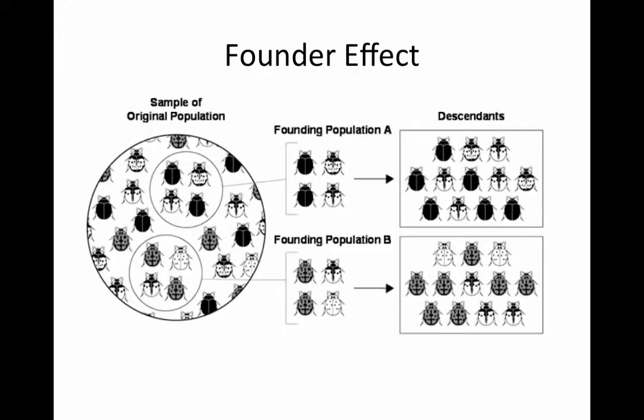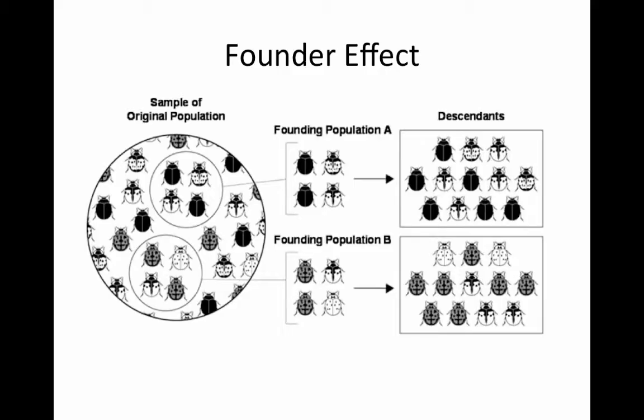One of them is called founder effect, where you have an original population, and then you take a sample from that population. For example, when I talk about this in class, we look around the class and say, are you guys representative of the population in New Jersey? And of course, you're not. Lots of different gene frequencies in there.